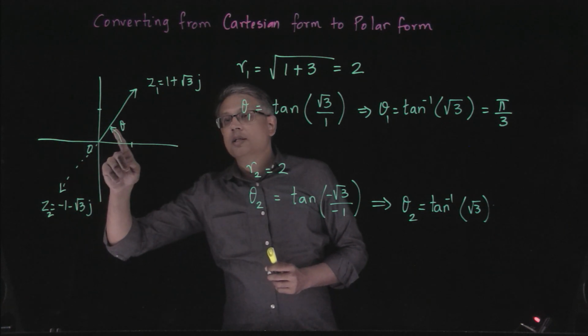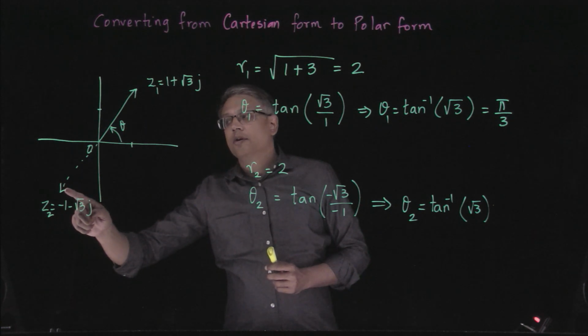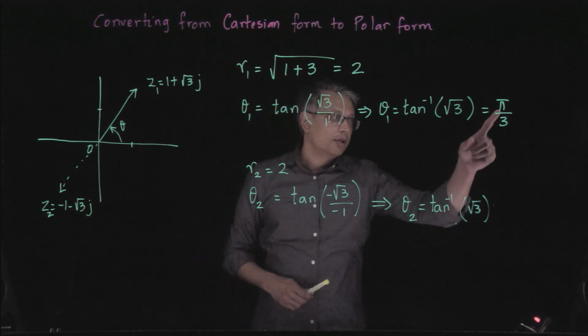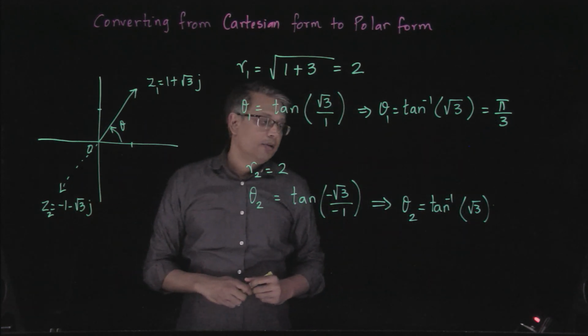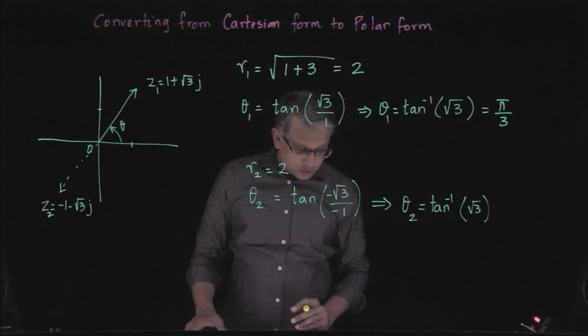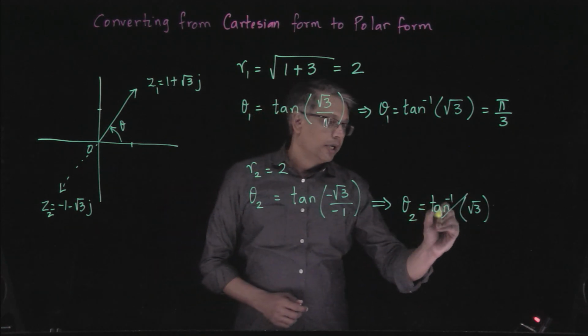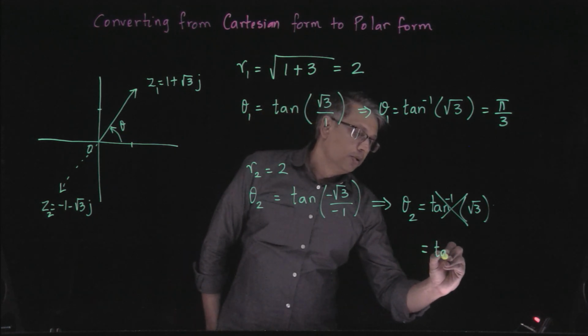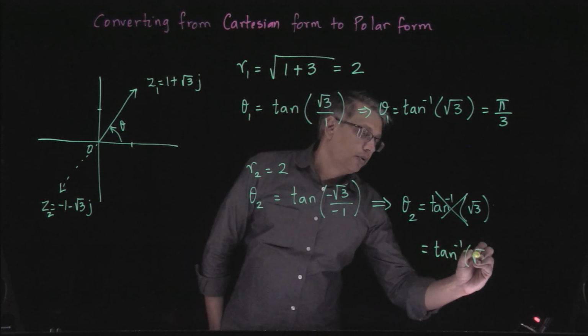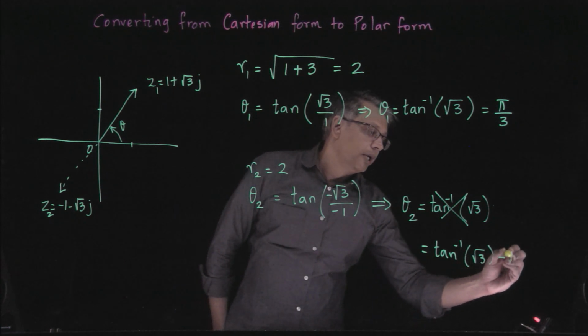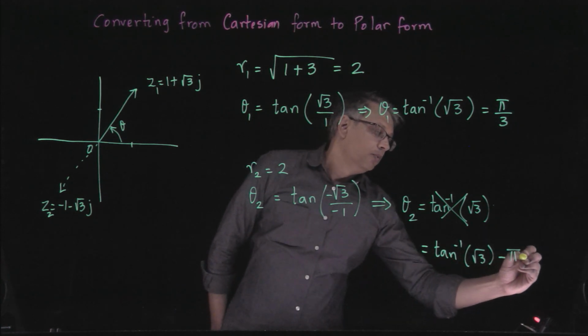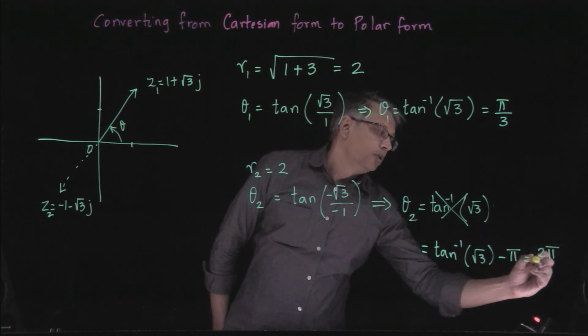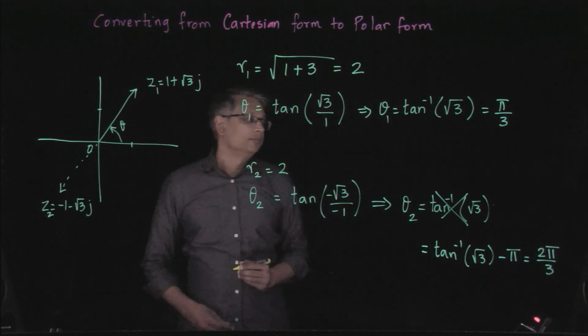So what that means is you need to subtract pi from this, and when you subtract pi, you will get negative 2 pi over 3. Rather, theta 2 is the inverse tangent of square root of 3 minus pi, which will be negative 2 pi over 3.